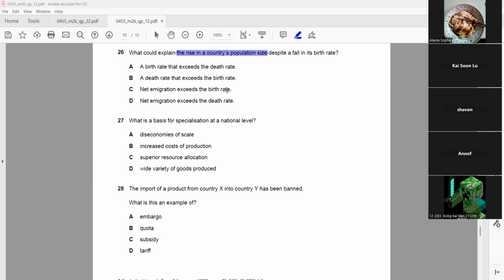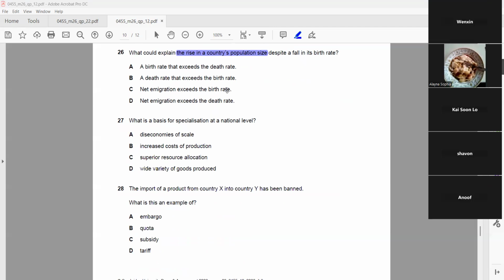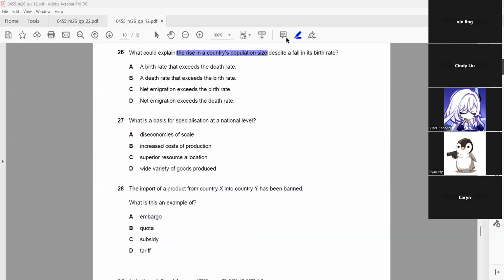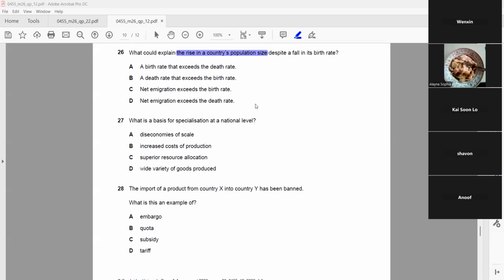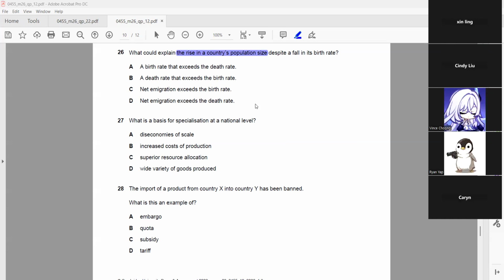Stock of natural resources, that just means the natural resources that you have. Some countries are very abundant with natural resources. Yeah, correct, Kaishun. Okay, so 26, what is the answer? Cindy, what is the answer for this one?